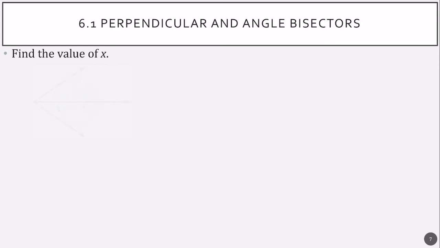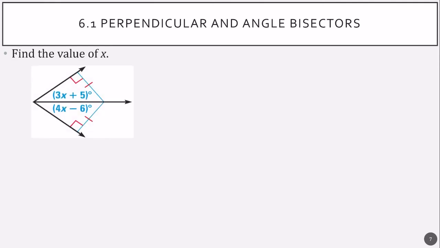Let's try another example. Let's find the value of x. Notice from this point, that is the same distance to each side of the angle. If that's the case, then by the converse of the angle bisector theorem, it's on the angle bisector.